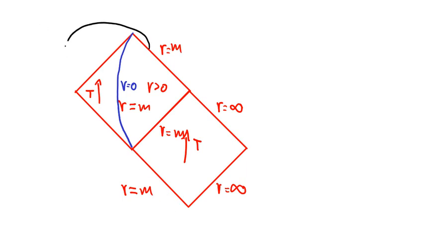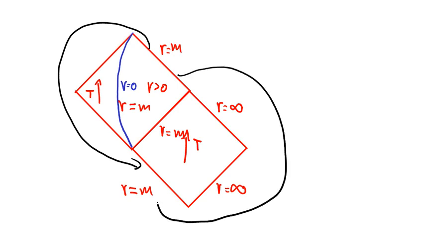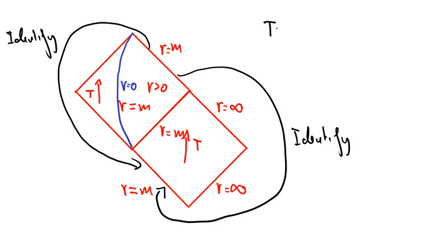Okay. And by doing this, what we get is the diagram of another spacetime which has a different topology.